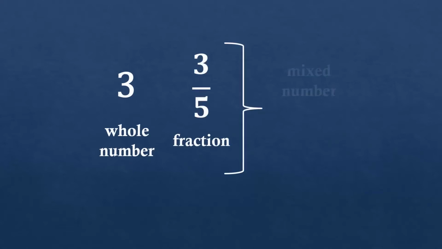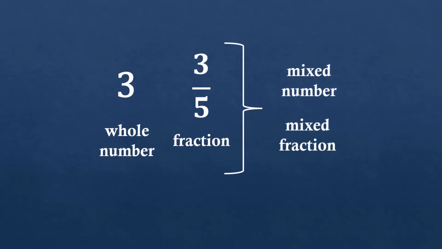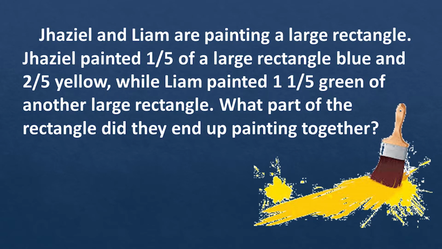In some cases, we have a whole number and a fraction together, and we call them a mixed number or mixed fraction. Today, we are going to learn how to add or subtract fractions and mixed numbers.